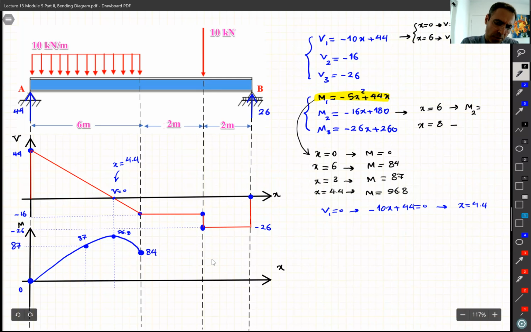So it's going to be M2. Let me bring my calculator. 16 multiplied by 6 plus 180, this gives me 84.